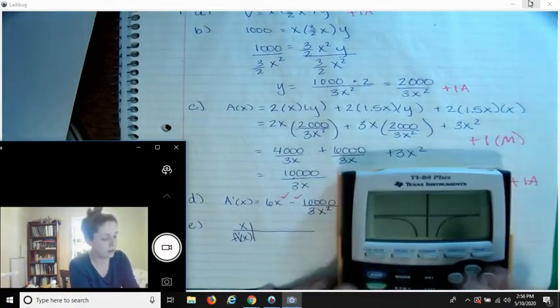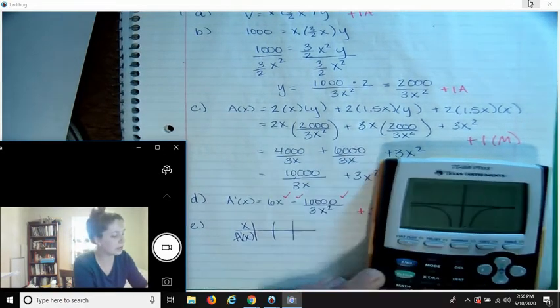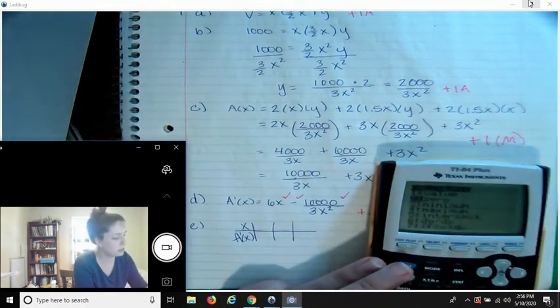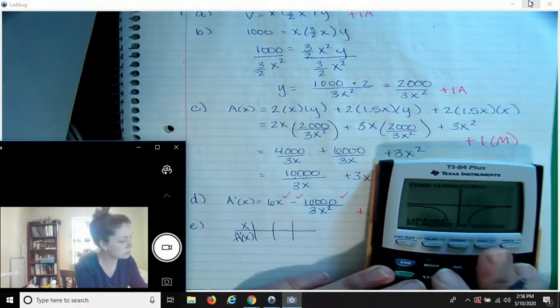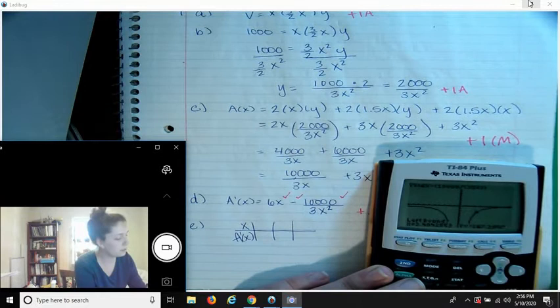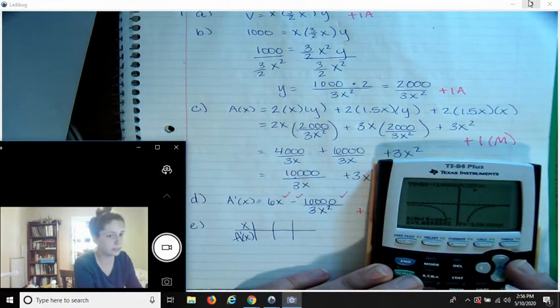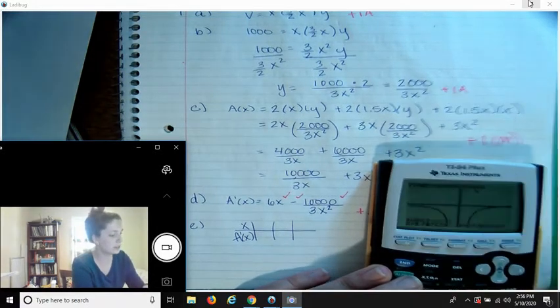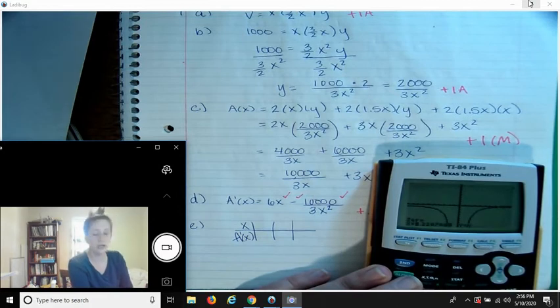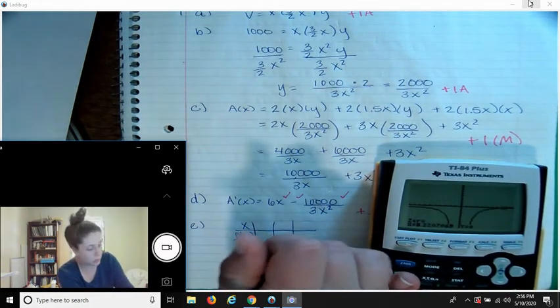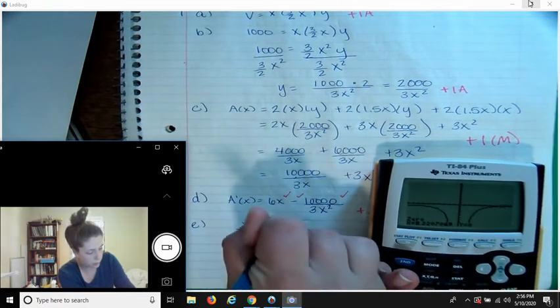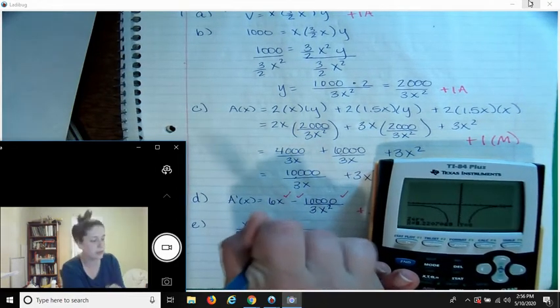We know that we have a 0 and we can calculate that 0. Our 0 is at about x equals 8.22. This is where it's 0.